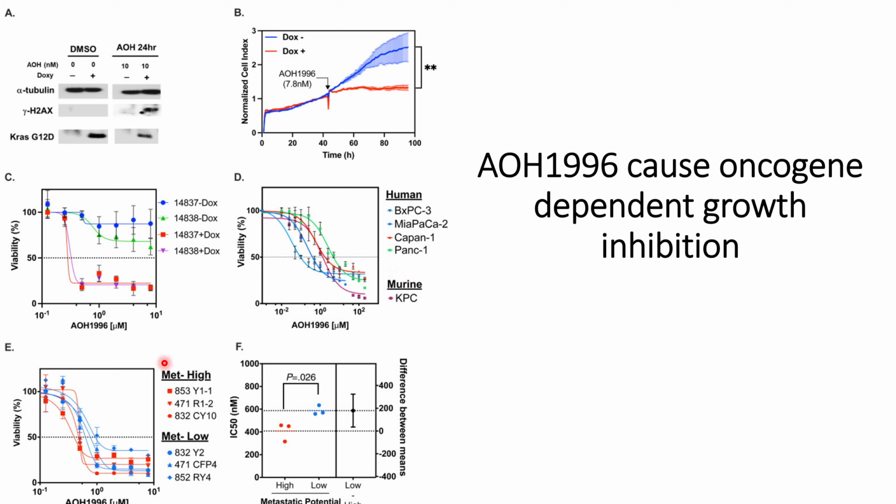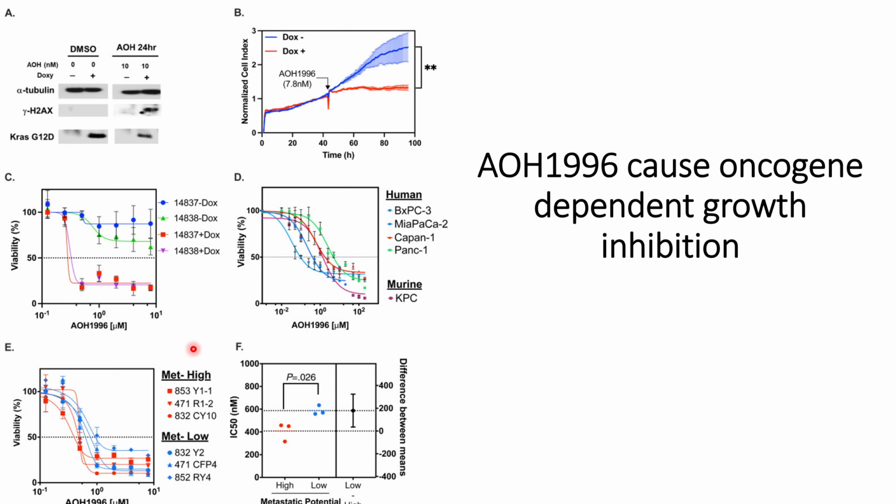Now they wanted to check the effect on high metastasis and low metastasis cells, whether the high metastatic cells are more affected by AOH1996, or both of them have a similar effect. When they checked the viability assays in the high metastasis cells and the low metastasis cells, they saw a difference in the IC50 between the high metastatic cells and the low metastatic cells.